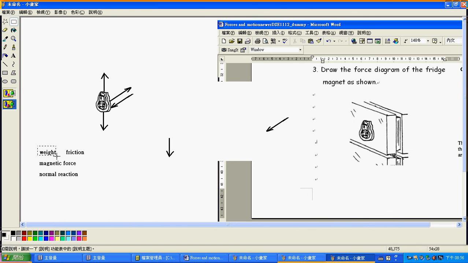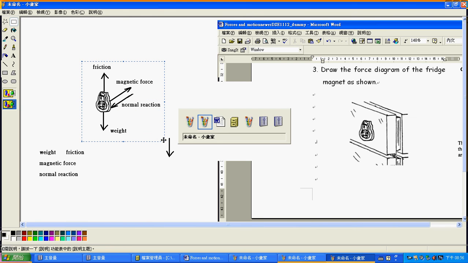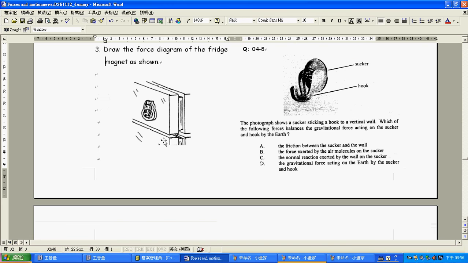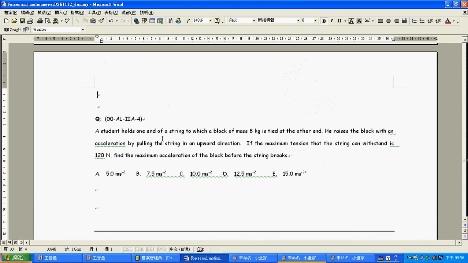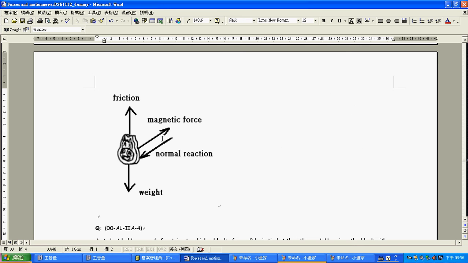So weight acts downward, friction prevents it from falling down, and the magnetic force is pulling it into the door, and the normal reaction stops it from going into the door. So this is the free body diagram. Okay, this is the free body diagram.